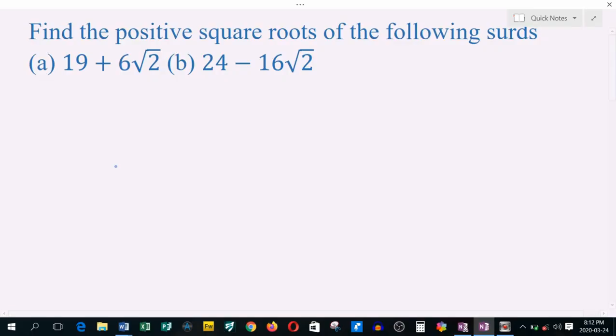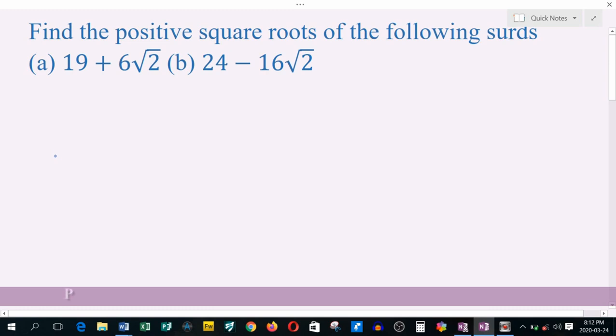We can look for the square root of surds also, but we have a way of looking for them. Now the square root of a number is that number which, when you multiply it by itself, gives you a perfect square. For instance, we are looking for the square root of 19 plus 6 root 2. So this is a surd, but we can get the square root.